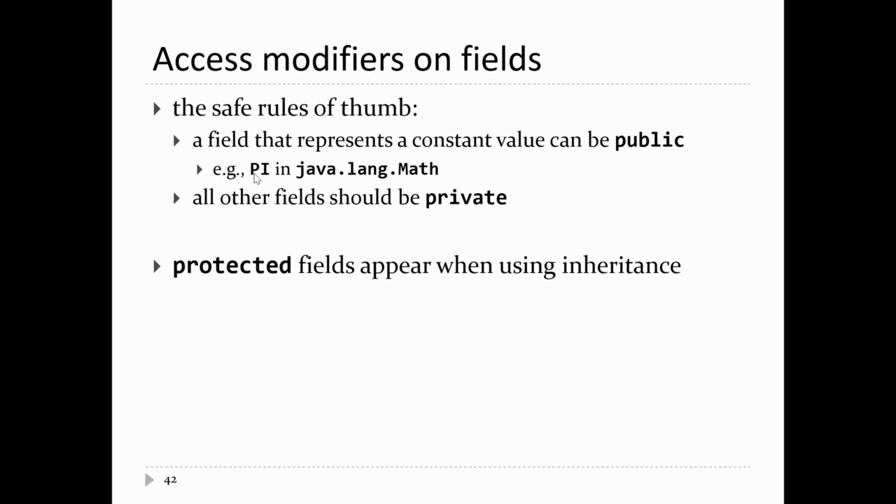It's public, so everybody using the Math class gets to know what the value of pi is. You don't have to define your own value for pi every time you want to use it. The rule of thumb is that if it's not a constant that you want other people to know about, make it private. That's the safe rule of thumb, which is what we're going to follow for the time being. Protected fields show up later when we talk about inheritance. Package private fields show up a little bit later, also when we talk about inheritance.